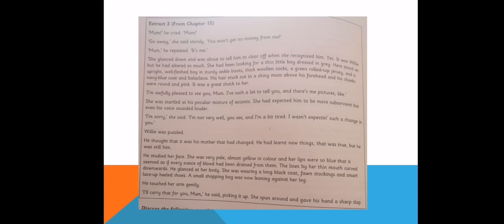The lines by her thin mouth curved downwards. He glanced at her body. She was wearing a long black coat, fawn stockings, and smart lace-up heeled shoes. A small shopping bag was now leaning against her leg. He touched her arm gently. "I'll carry that for you, Mom," he said, picking it up. She spun round and gave his hand a sharp slap.